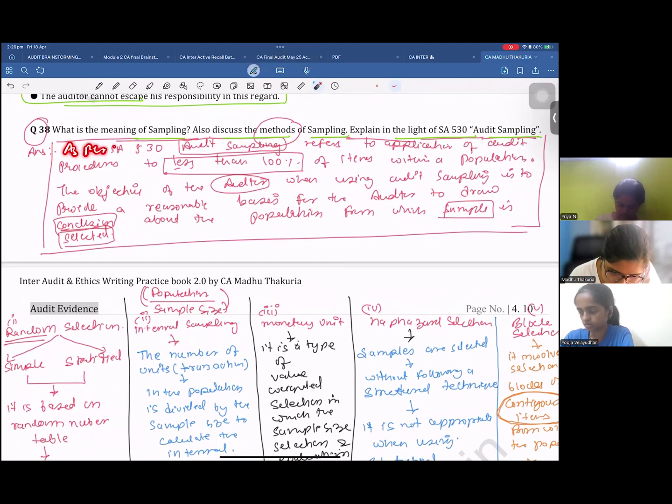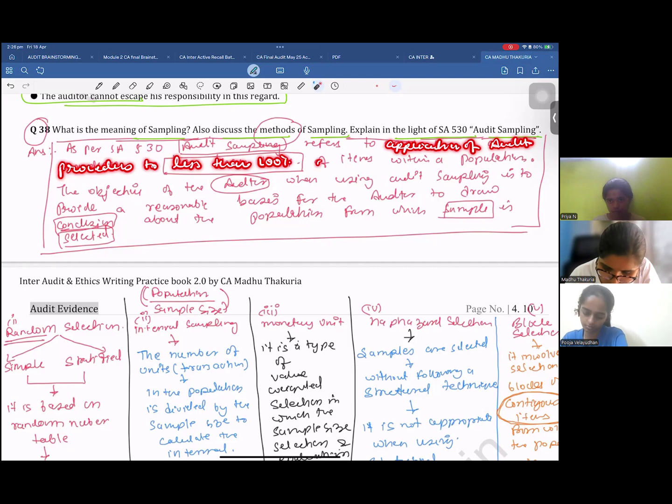As per SA 530, audit sampling refers to application of audit procedures to less than 100% of the items.